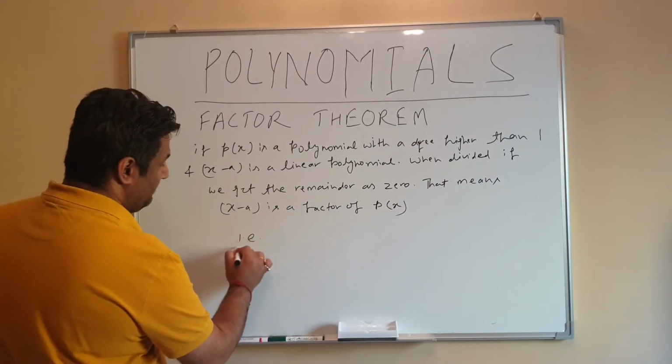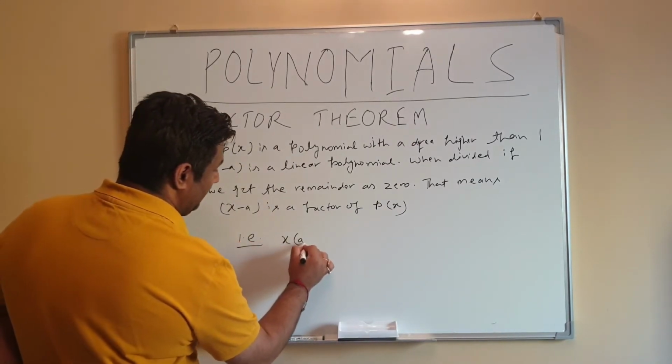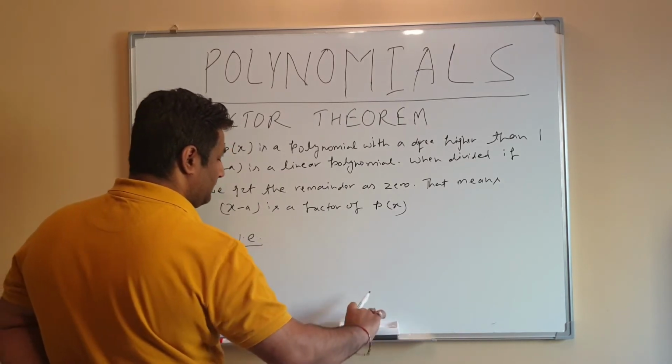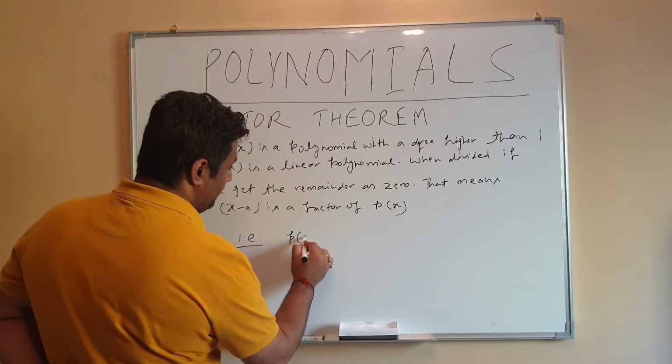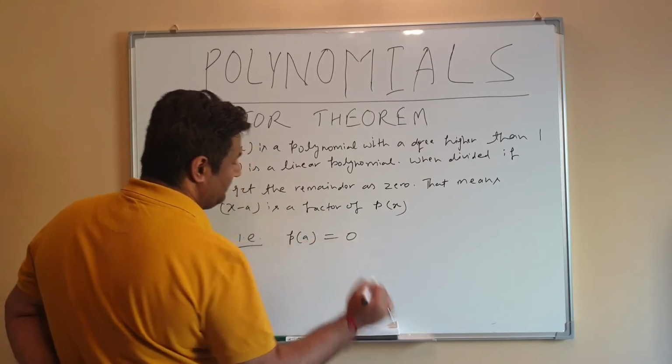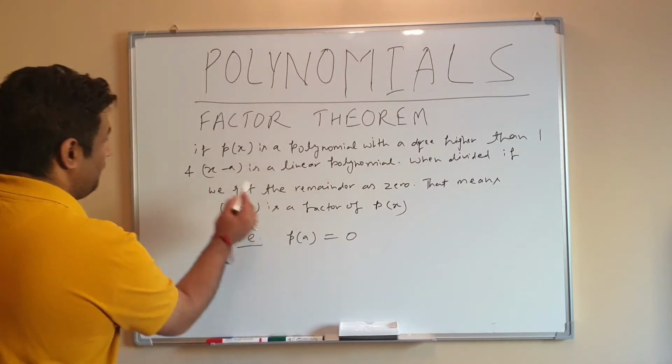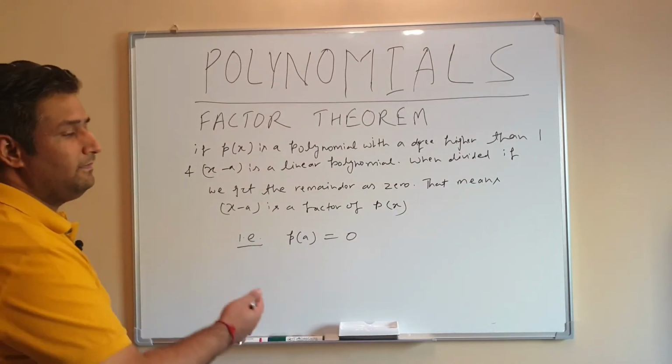That means p(a) should be equal to 0 for x minus a to be a factor of p(x).